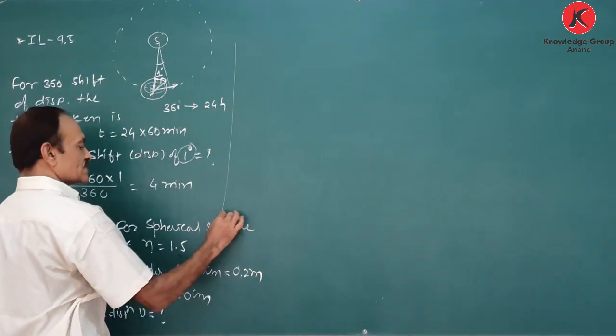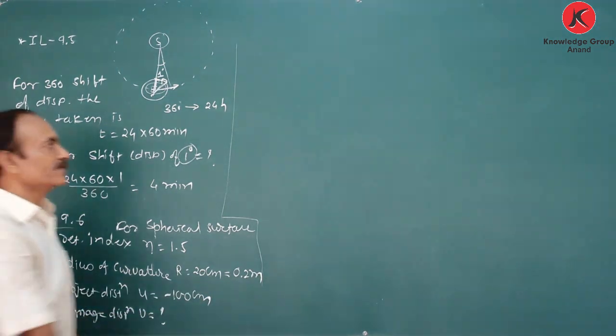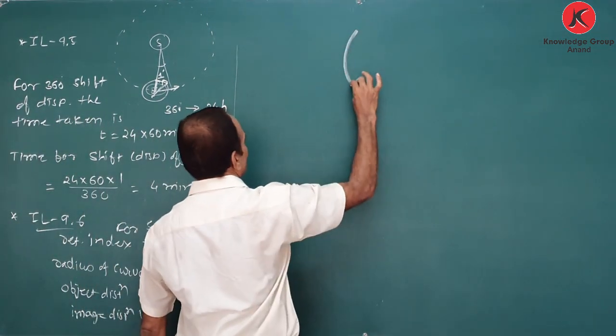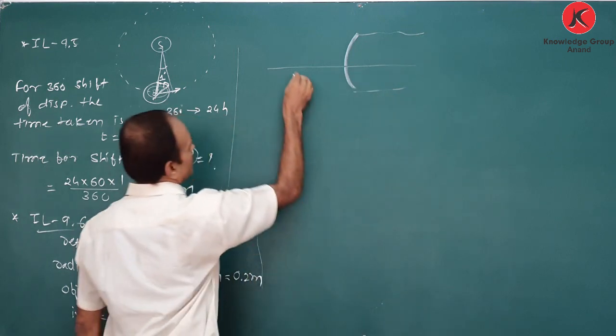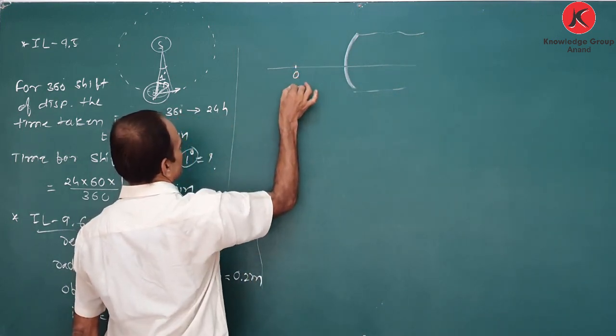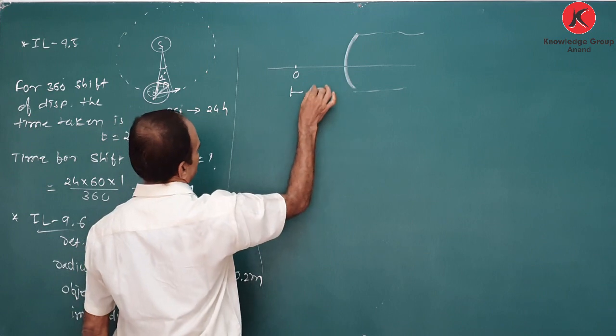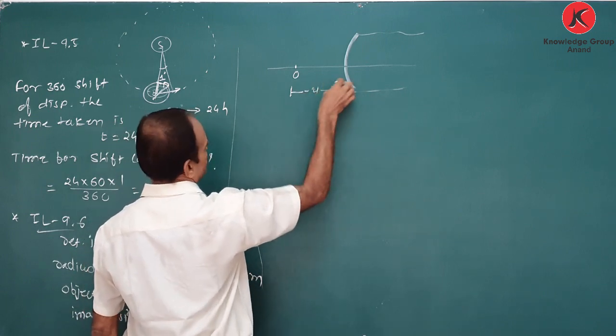Here the figure is not necessary for this numerical, but we can draw it for a clear concept. So there is the spherical surface. Here the point object O is placed at 100 centimeter distance, that is minus u.